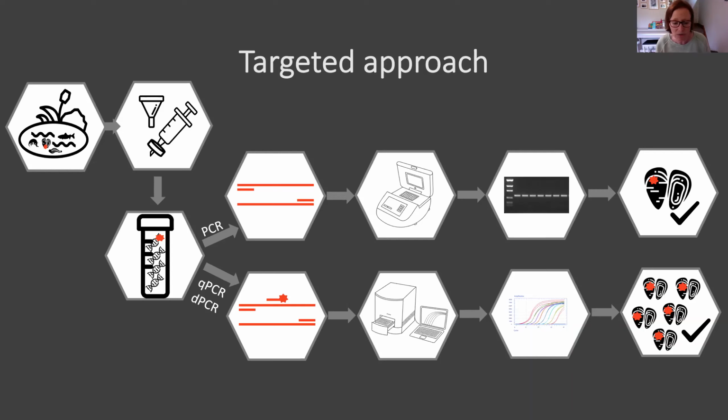Or you can use a quantitative method that uses an additional probe. I'm not sure if you can see my mouse here, but this little star is a probe that's species specific, so it adds that extra layer of specificity. And it also counts the number of copies of DNA that are in the sample, so you have some estimate of the relative abundance of the DNA in the sample too.